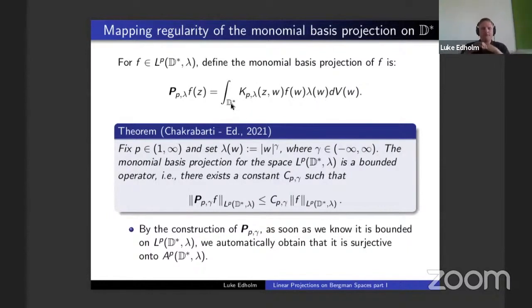A really cool application of the two auxiliary function Schur's test, because this kernel is very much not conjugate symmetric anymore. So you need two auxiliary functions, but you can work out that for any p fixed between 1 and infinity and any weight of this form, this monomial basis projection on this space is a bounded operator. We have an estimate like this.